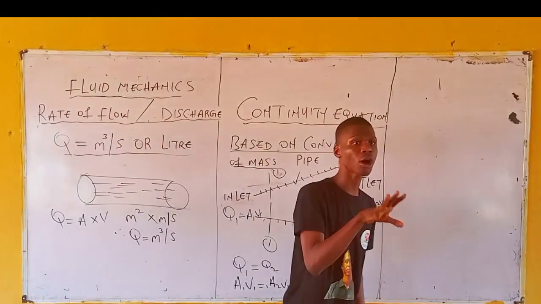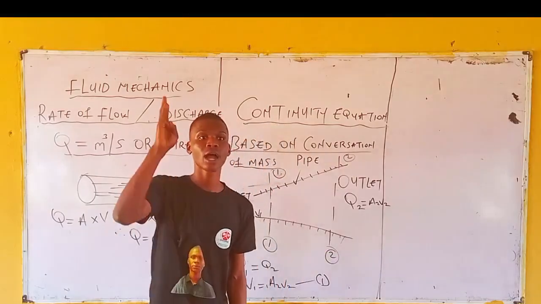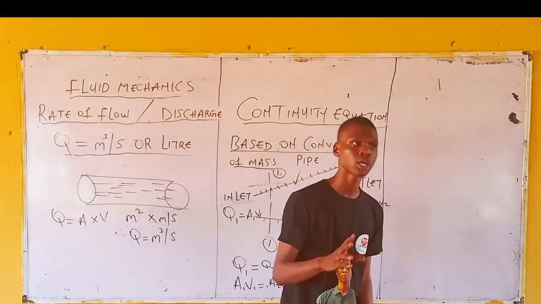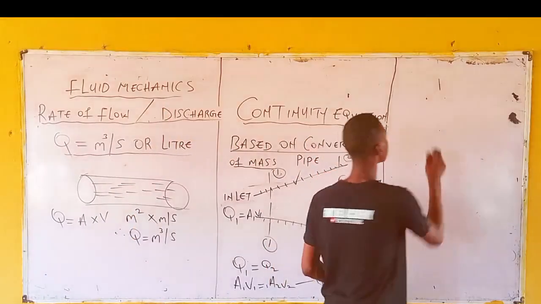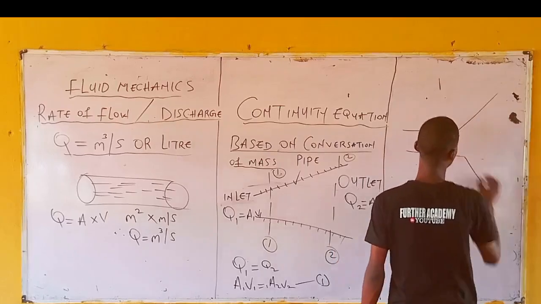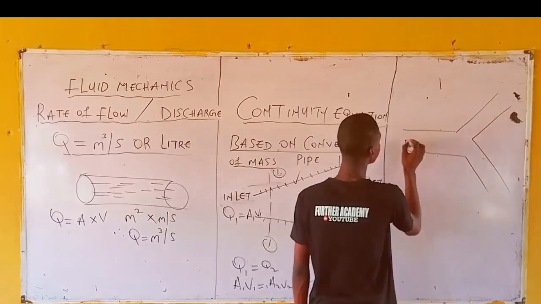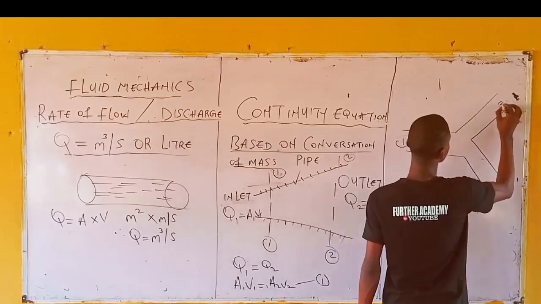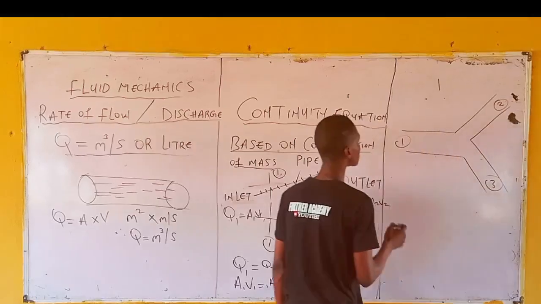Now, following conservation of mass, it says that across any section, your mass remains the same. Now, let's say you have this pipe. Let's say this is section 1, this is section 2, and this is section 3.